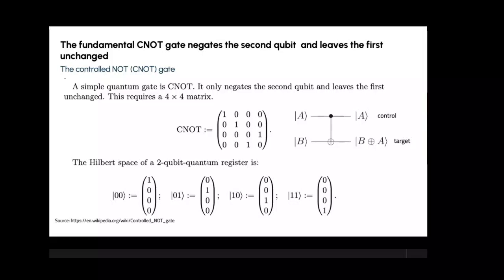Now, what does this plus do? This plus creates 0 plus 0 is 0 modulo 2, 0 plus 1 is 1 modulo 2, 1 plus 0 is 1 modulo 2, and 1 plus 1 is 2 modulo 2. 2 modulo 2 means, what is the remainder after dividing 2 by 2? The remainder after dividing 2 by 2 is 0.